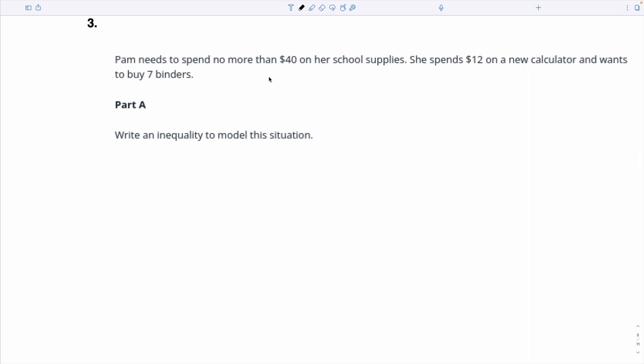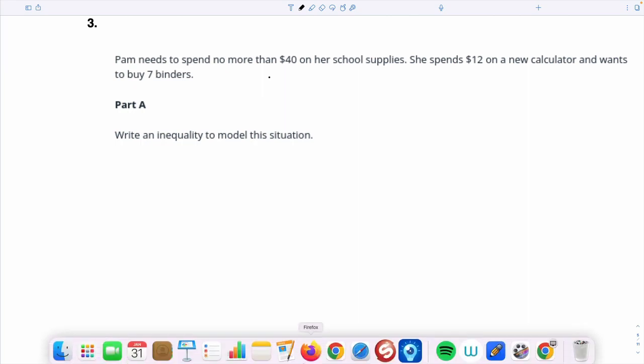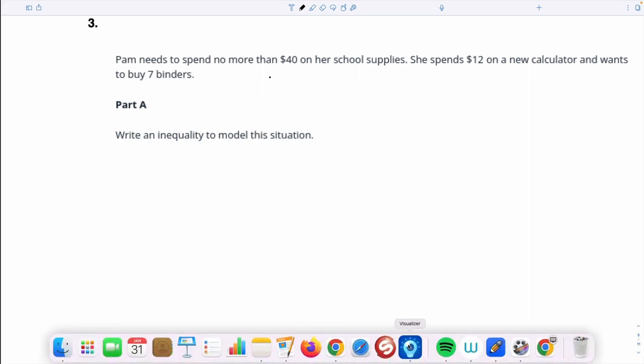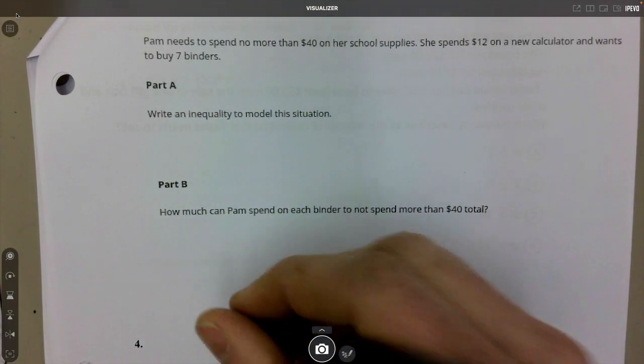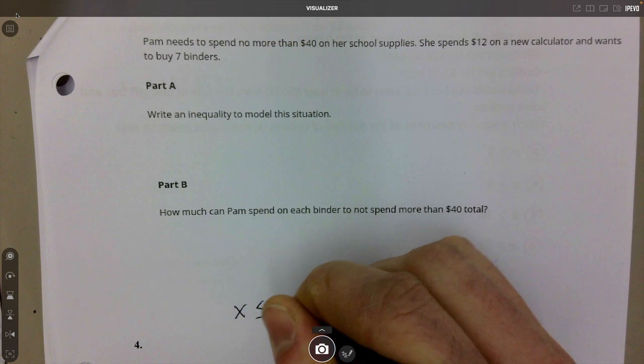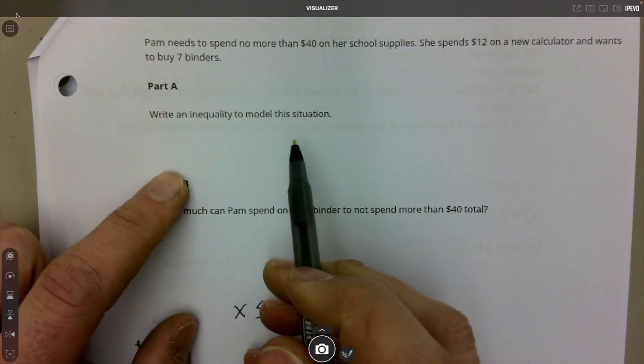Give me the answer. Corbin's not here. Tessa, what'd you get for number 3? Start with the inequality. Say it again. Okay. And what was the inequality that you got, Kate?